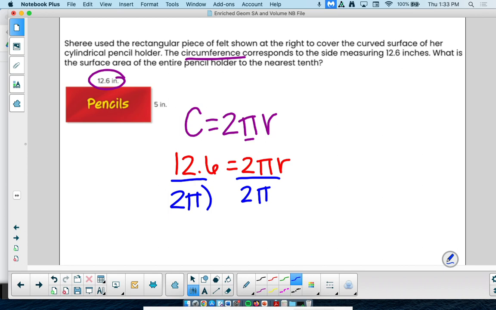You have to divide with this in parentheses. 12.6 divided by 2 pi in parentheses. Put 2 pi in parentheses if you get it wrong. And we use the equation. So now that we know our radius, we can plug in.